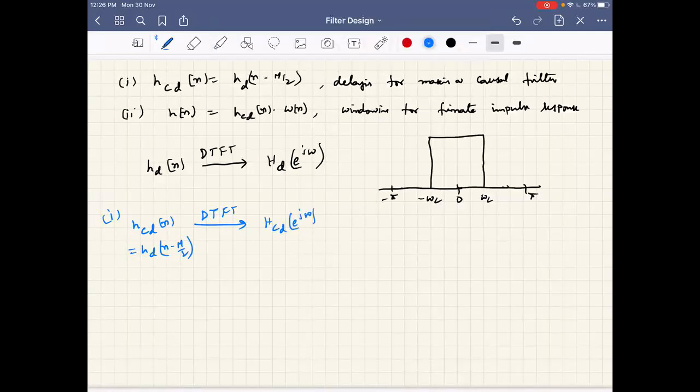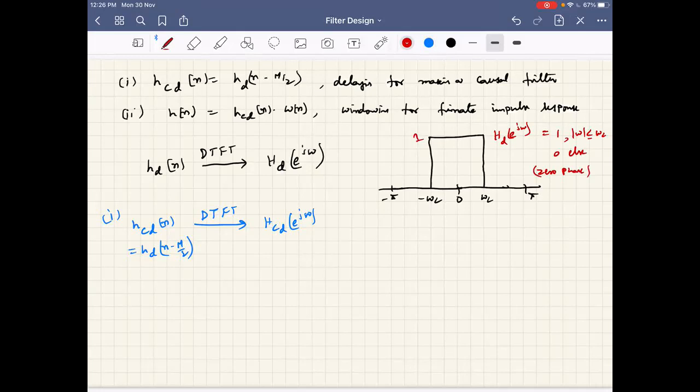When we define this h of e power j omega, ideally we are considering, assume, zero phase: 1 for mod omega less than or equal to omega c, 0 else. Assume that initially the desired response we had was zero phase, and magnitude as shown here.